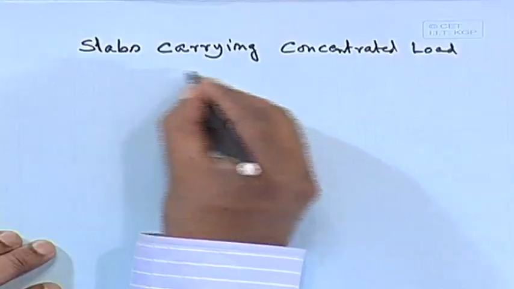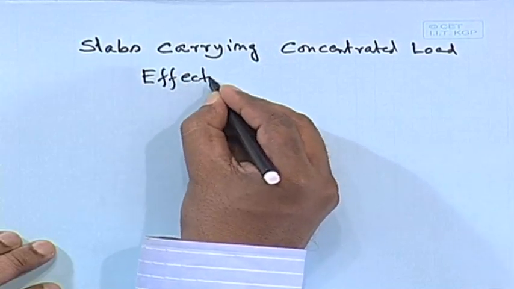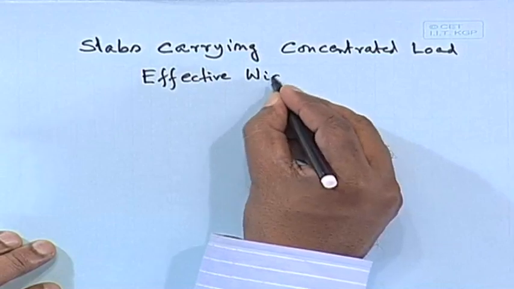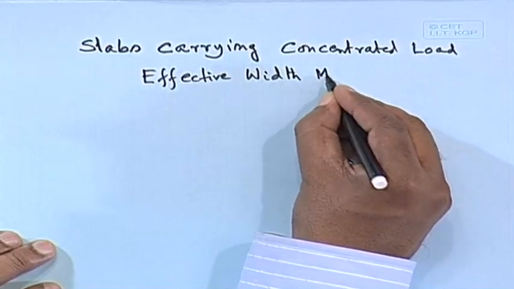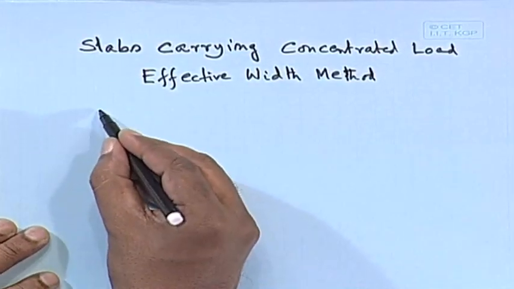In that case, we have one method called the effective width method. We have to calculate the effective width. Generally, we experience concentrated load in bridges, because the wheel load we have is a concentrated load.